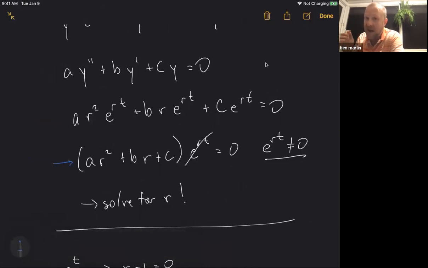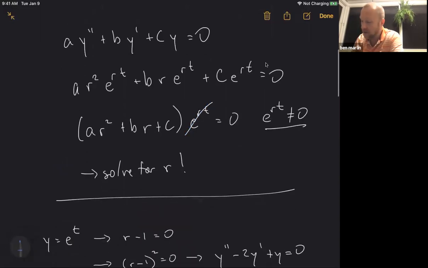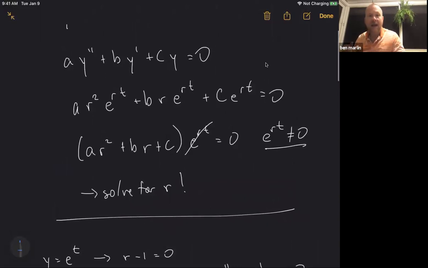And that e to the rt can't be 0. Since it can't be 0, you get to divide it out, and you solve for your r, and at that point you can actually get these solutions.